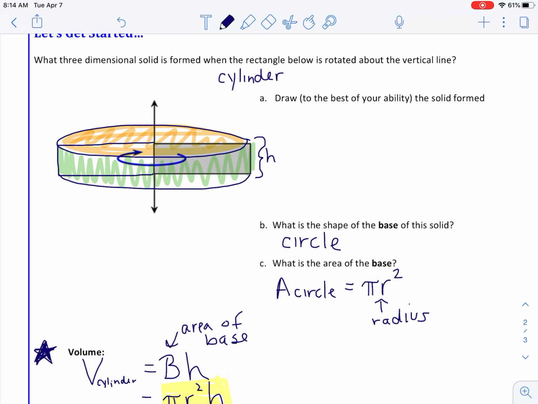So you know the height, and see if this makes sense. The length will be the circumference of the circle because it has to wrap all the way around.